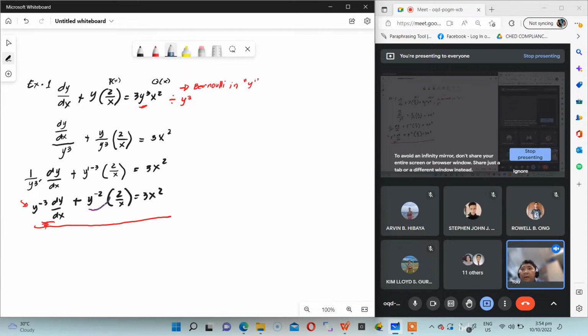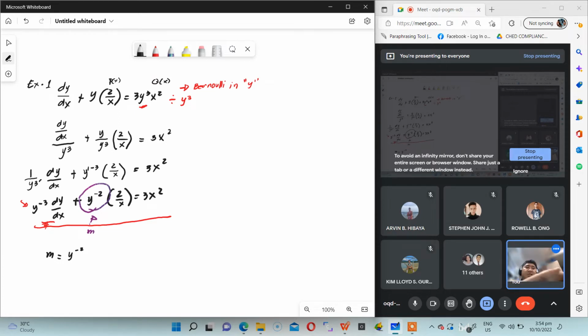And our m is this one. That is our m. So, therefore, our m is equal to pila? That is y raised to the power of negative 2.